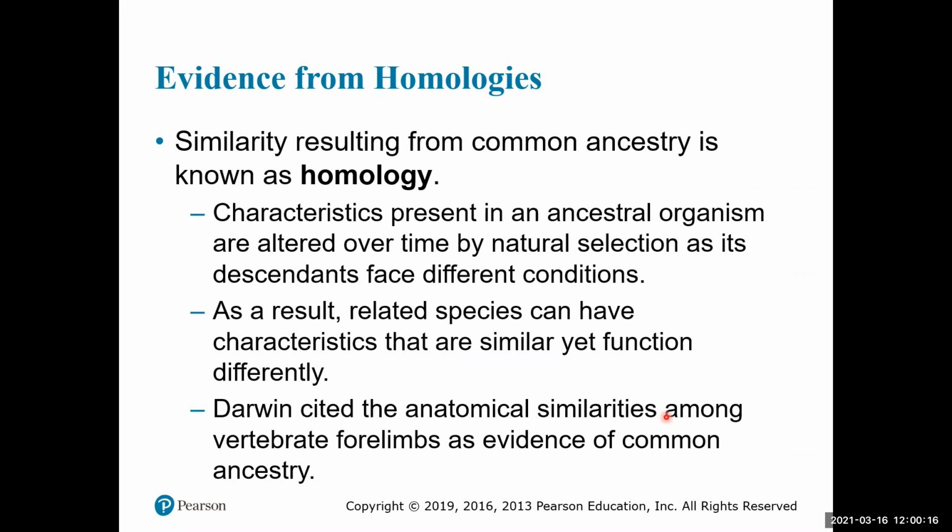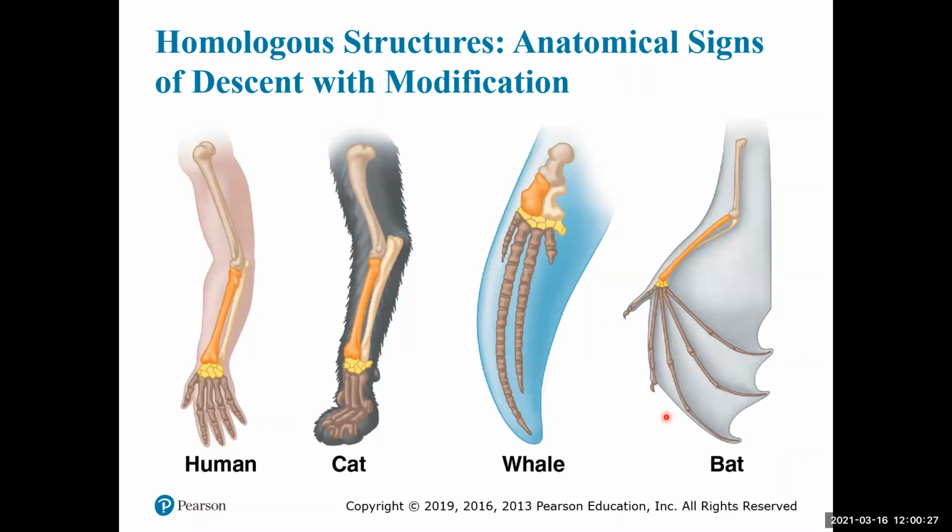Okay? One of the more common homologies that is referenced is the vertebrate forelimb. Just looking at this figure here, all the vertebrates have a common ancestor, right? And the vertebrate forelimb evolved in an ancestor that is shared by humans, cats, whales, and bats.